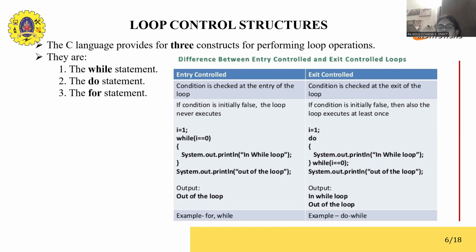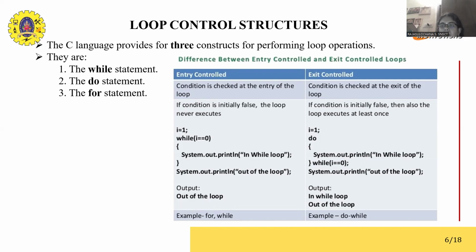If you see the example for exit control loop, I have initialized the i value to 1. And here the condition while is given at the end of the loop. So initially the body of the loop will be executed at least once. The message in while loop is printed, after which the condition is checked.